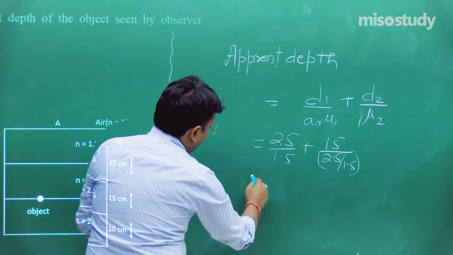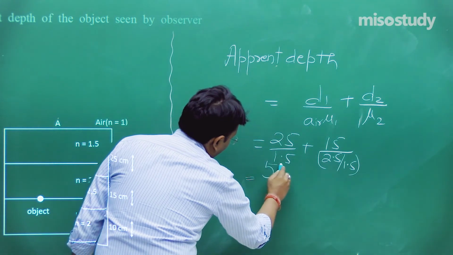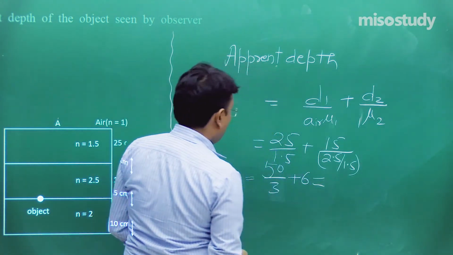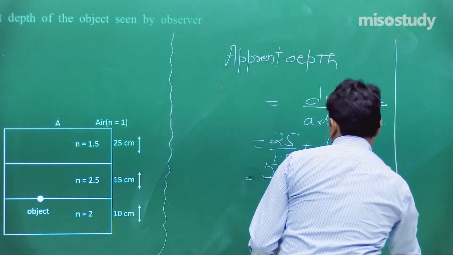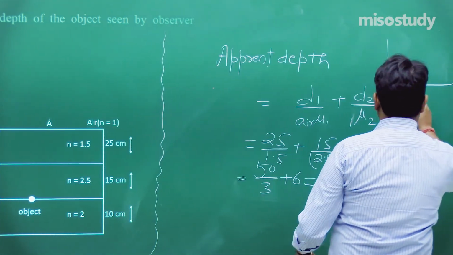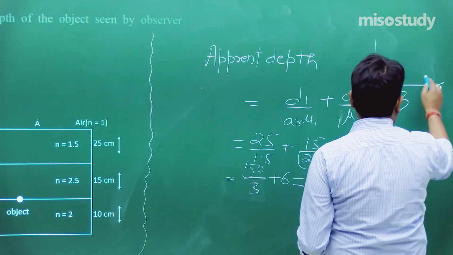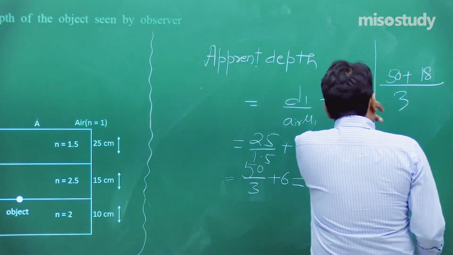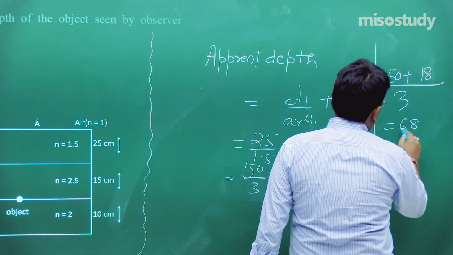Fine. Solve it. You will get it as 50 by 3 plus 6. So how much it will be? It's going to be 3, then 6 3s are 18, 50. So it's going to be 68 by 3.